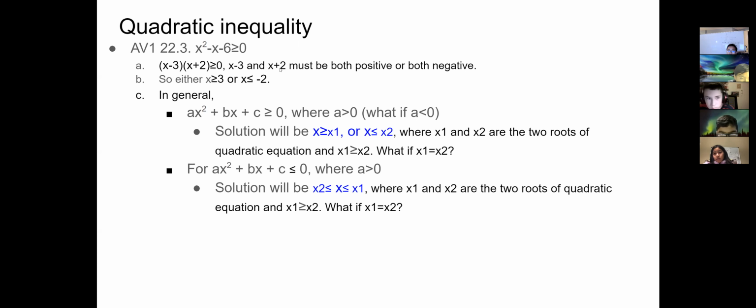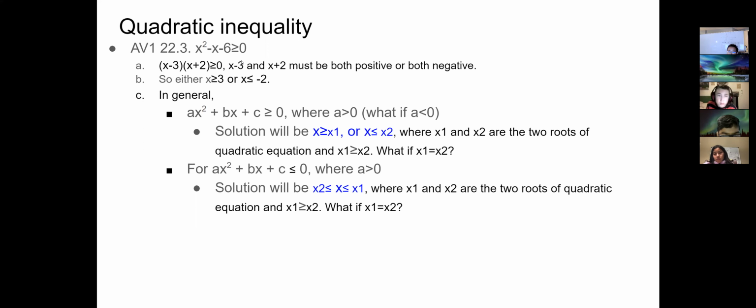Very good. But they have to be both satisfied. So x should be greater than what? -2? No, wait, 3. Make sure you think this through. You have to satisfy both, so it has to be greater than 3. Anything greater than 3 will automatically be greater than -2.